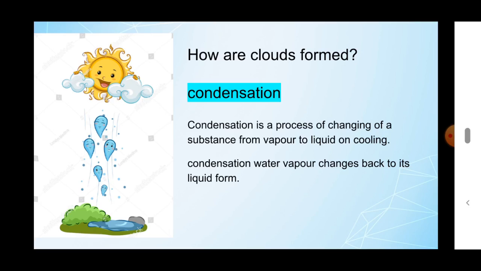At a sufficient amount of height, the air becomes so cool. Now the water vapor condenses to form tiny droplets. These tiny droplets float in the air. They appear as clouds. In this way only the clouds are formed.